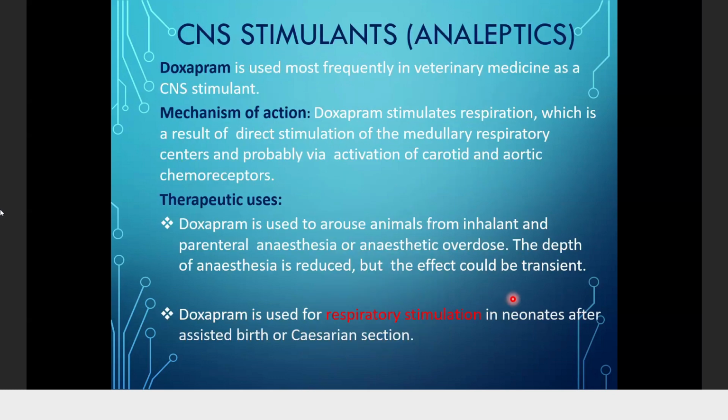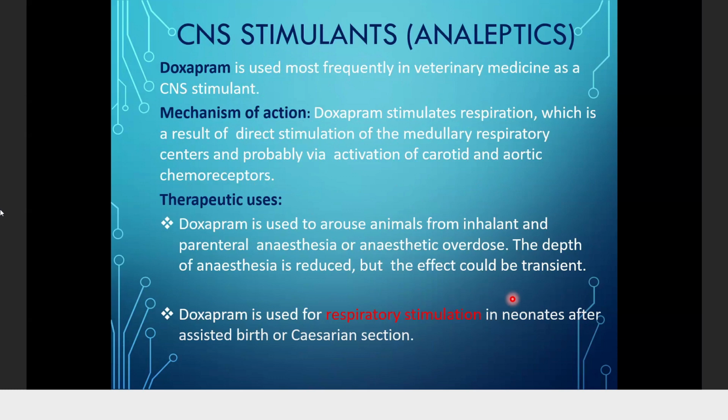Okay, so that's on the anticonvulsant drugs. Those are the things that you need to know, whether you like it or not. You must know because these are the common ones used in our practice.